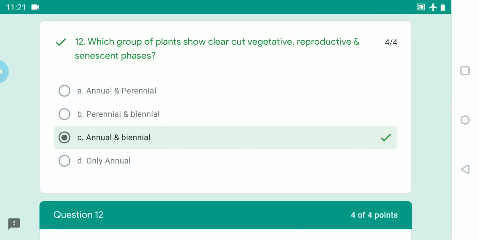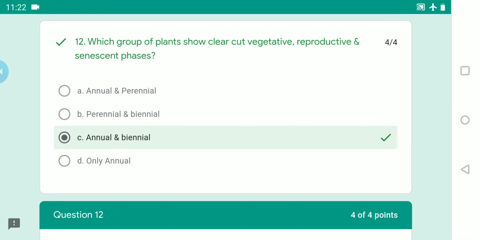Next question: which group of plants shows clear-cut vegetative, reproductive and senescent phases? While I was telling you about lifespan, there are three types of plants: annuals, biennials and perennials, isn't it?